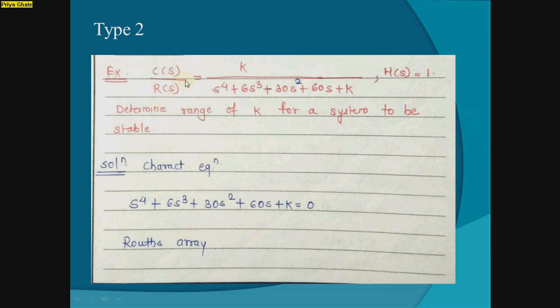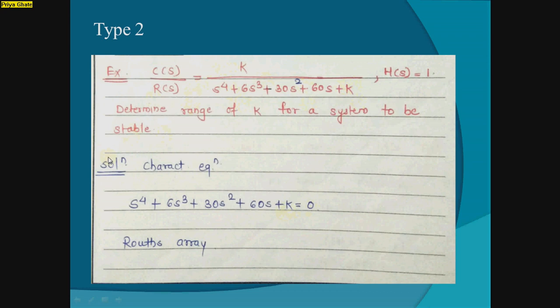Now we are going to solve the next example. We have the transfer function C of s divided by R of s is equal to k divided by s raised to 4 plus 6s cube plus 30s square plus 60s plus k. H of s is nothing but 1. Determine the range of k for the system to be stable. Characteristic equation is s raised to 4 plus 6s cube plus 30s square plus 60s plus k is equal to 0.